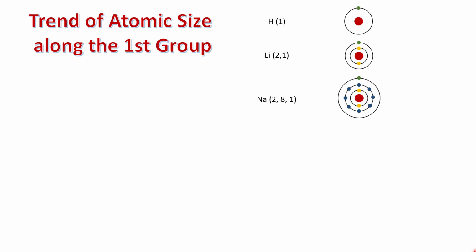Then comes sodium. You can observe that sodium has 3 shells because it belongs to the third period. Similarly, potassium has 4 shells as it belongs to the fourth period.